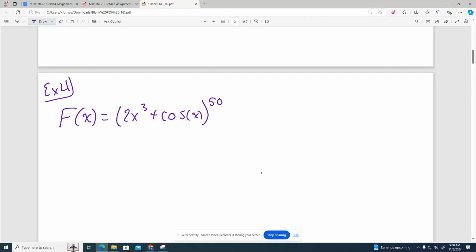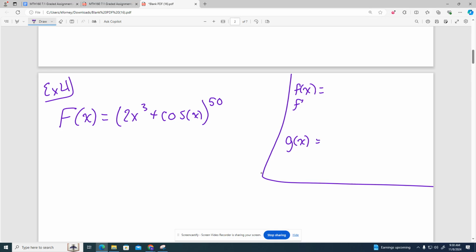The 50 is a big number, but it's not going to make it any more difficult. So, again, y'all know I like to do my side work. I need to identify the outside, the inside, and then find their derivatives.